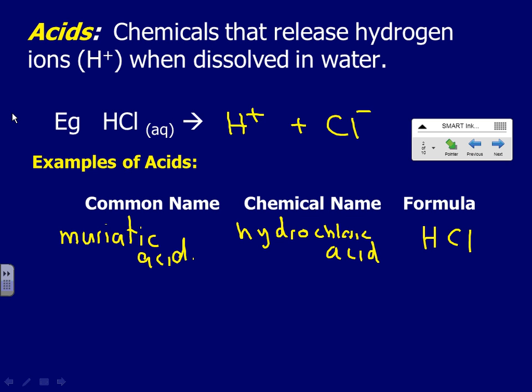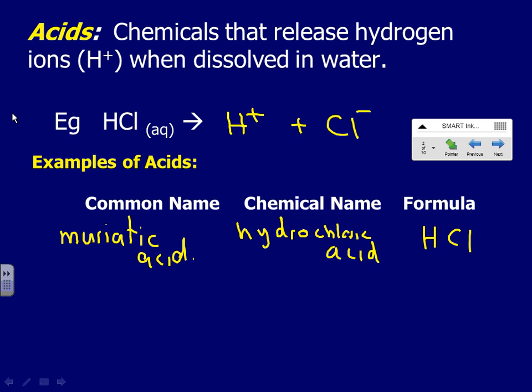Let me ask you some. Do you know of any common acids? Anything that you've come across that you think is an acid or is acidic? What do you think, Shane? Oranges are acidic, exactly. There are actually a couple of acids in oranges. Does anybody know what those acids are? Chemical name and common name.